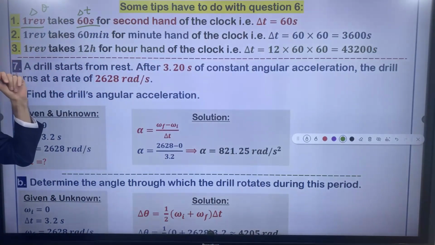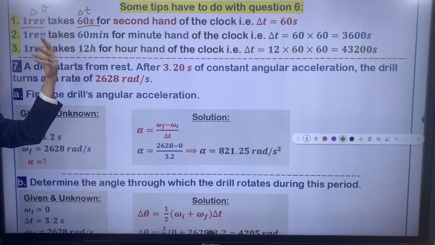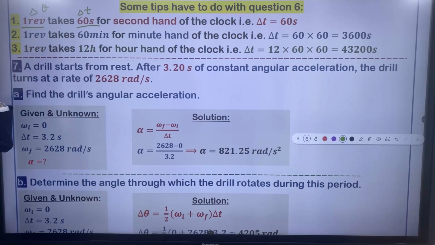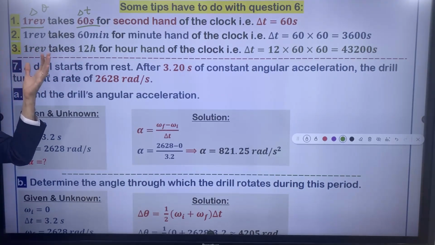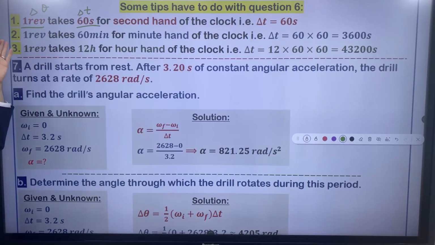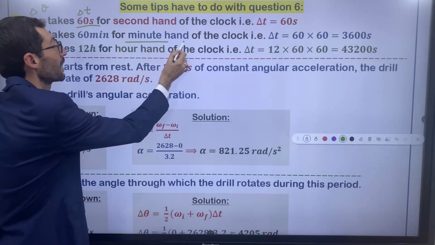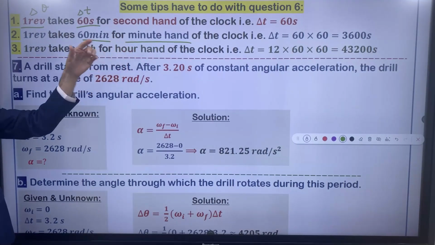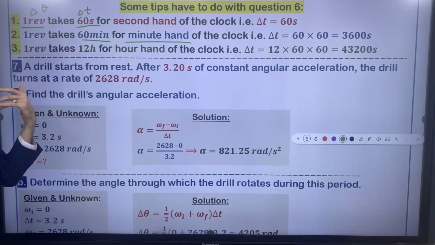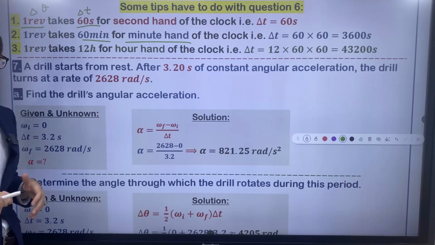What do you say about the second one? I told you I haven't seen these cases in national exam questions, but I included them in my pamphlet. Number 2, one revolution takes 60 minutes for the minute hand. So the minute hand takes 60 minutes to travel one full cycle, right?